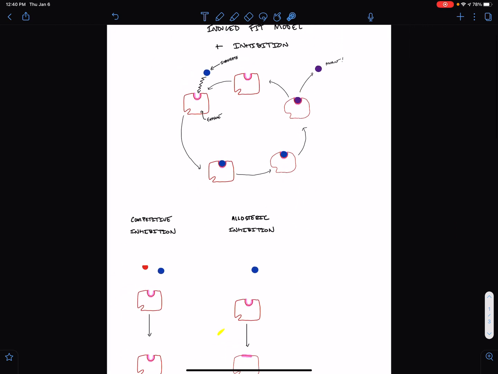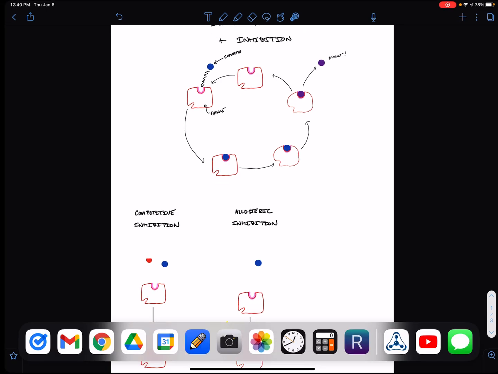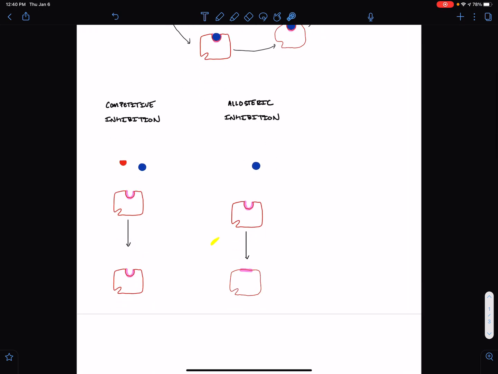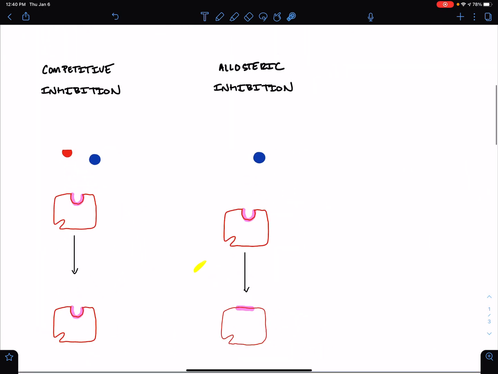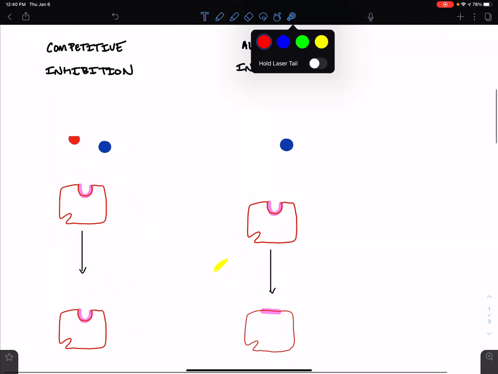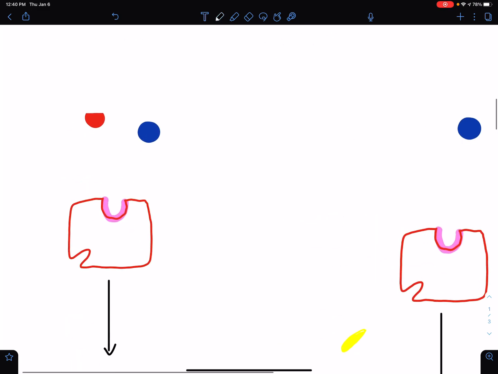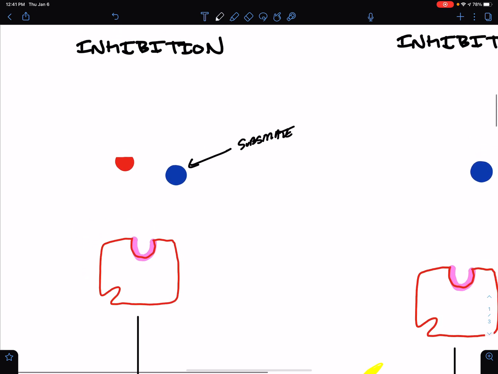But this process is sometimes blocked. And there are two ways in which the process can be blocked. The first is through a pathway that we call competitive inhibition, where we have the substrate here. But in addition to the substrate, there's also a substrate mimic, which is an inhibitor.